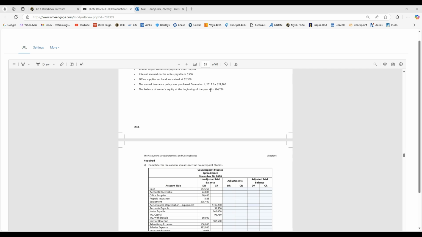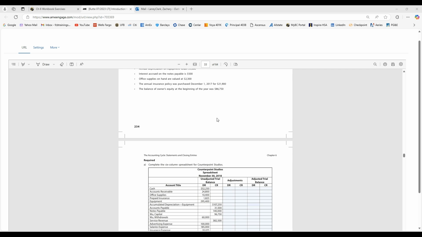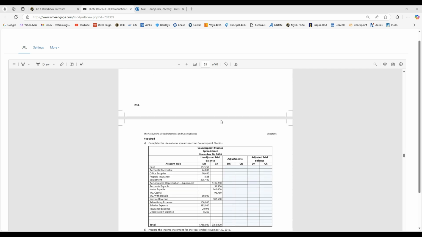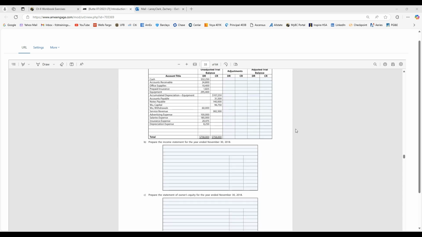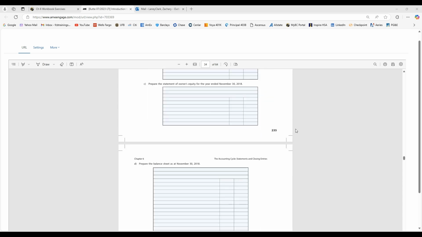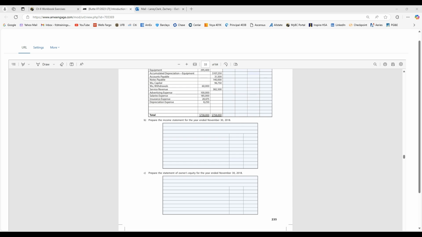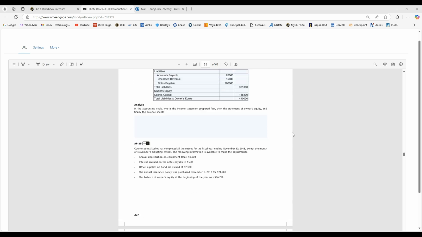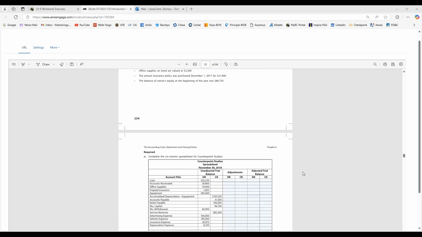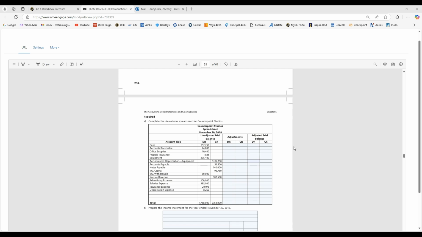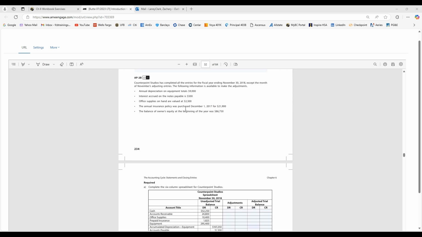And then the balance of owner's equity at the beginning of the year was 86,750. I think this should say the balance of owner's equity at the beginning of the month, oh no, I'm sorry.